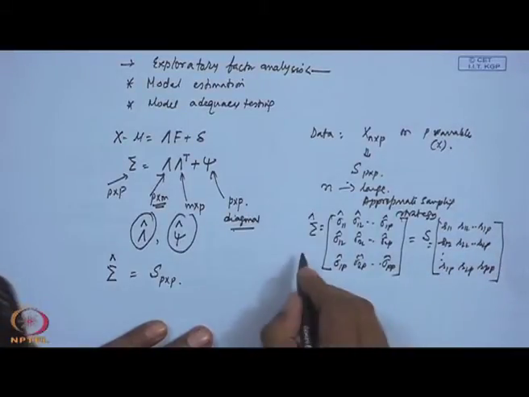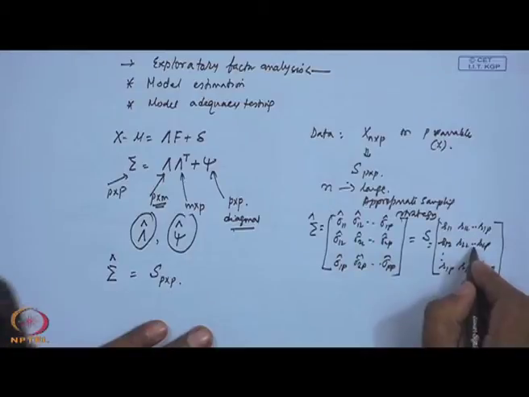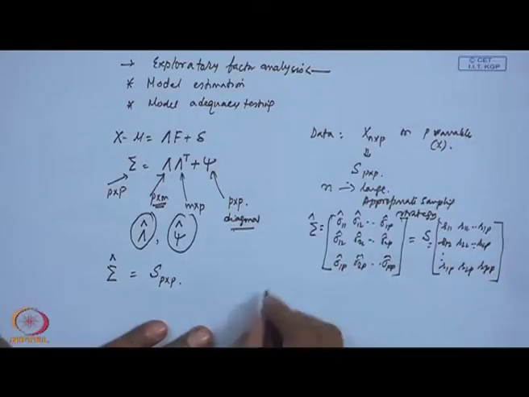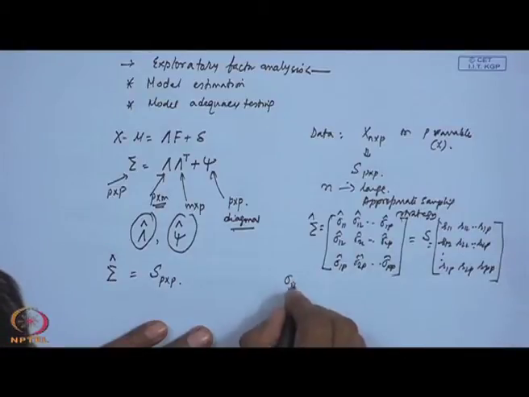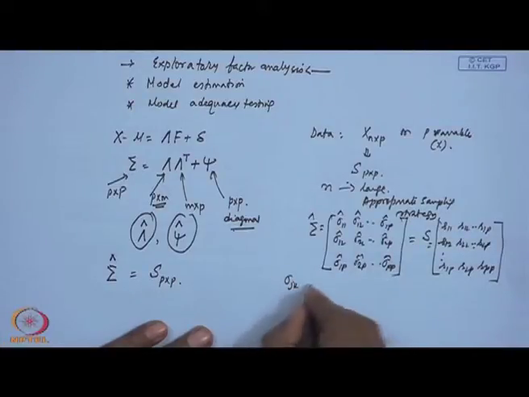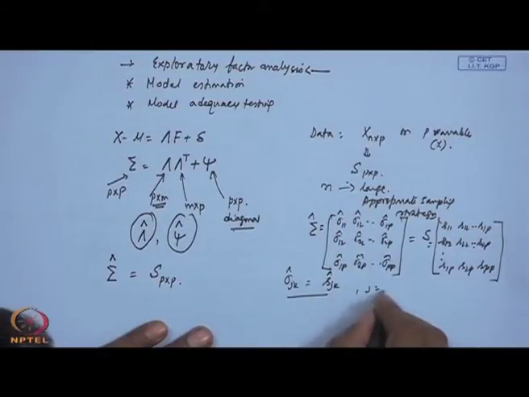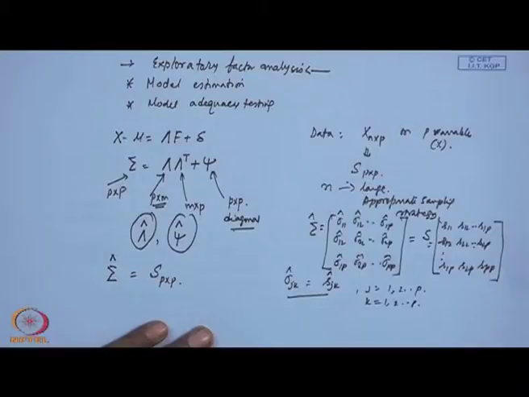Correct? So these are the estimates which in general, if I say sigma jk, that estimate is sjk for j equal to 1 to p, k equal to 1 to p.